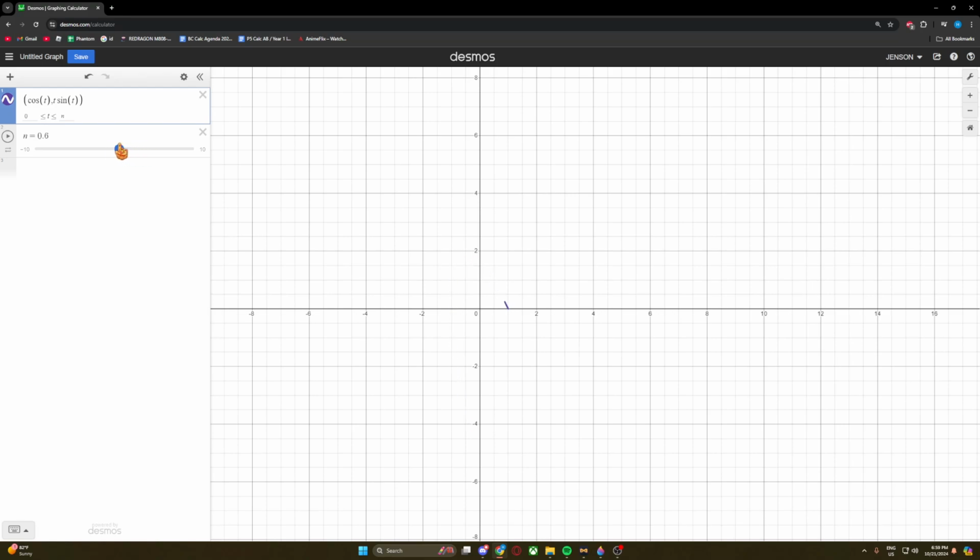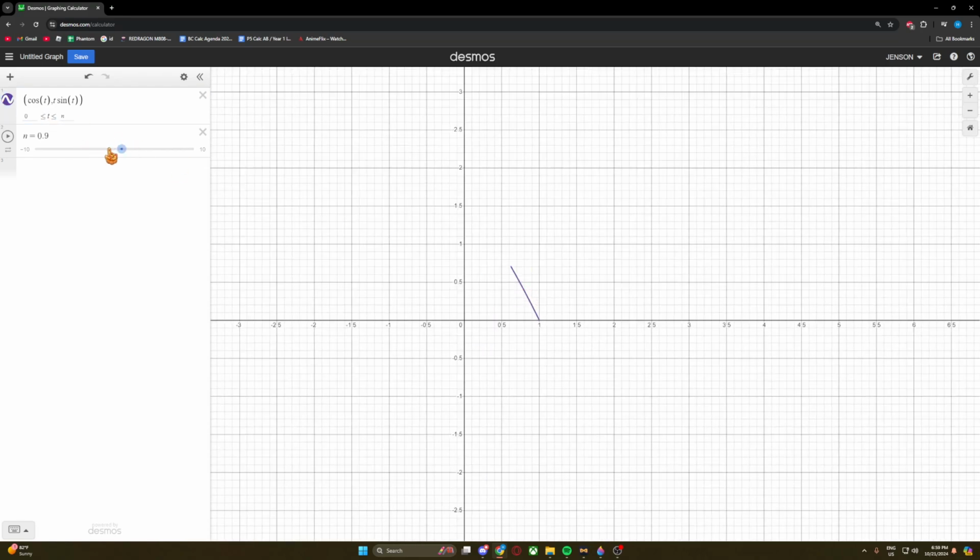Notice that even at 1, t is not at 1. When t is 1, it is not at 1, but in fact it's x of t and y of t. So that t is just a variable to tell you at that time x of t is at this position and y of t is at that position. Yeah, it looks pretty cool, huh?